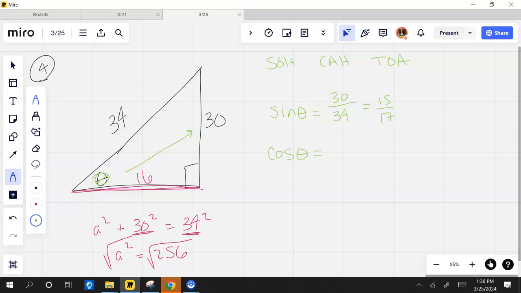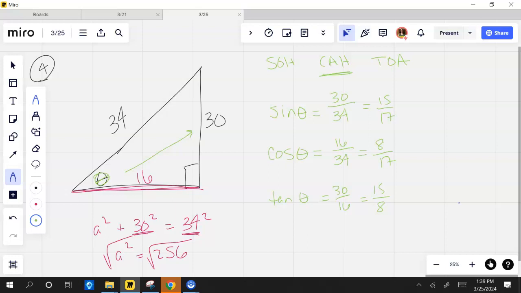So now for cosine, cosine is adjacent over hypotenuse. So now I'm 16 over 34, which is 8 over 17. Now the tangent. So it's 30 over 16, which is 15 over 8.